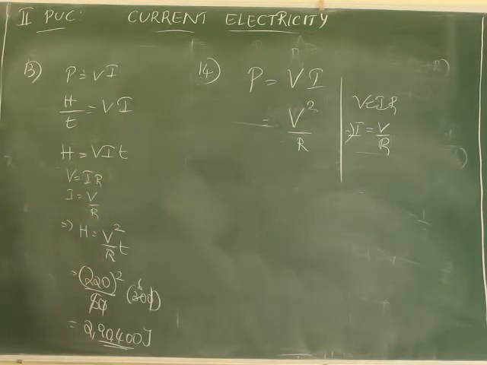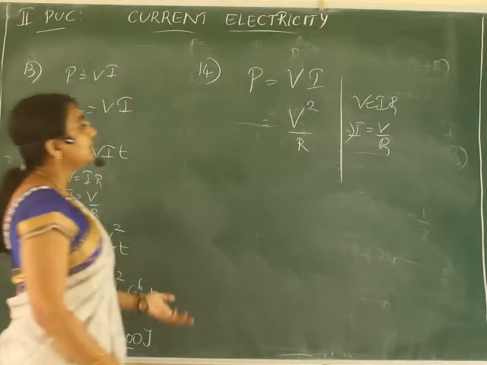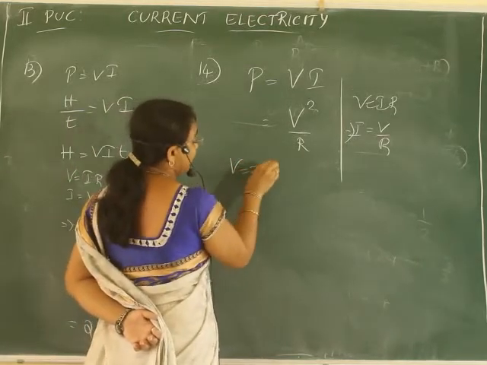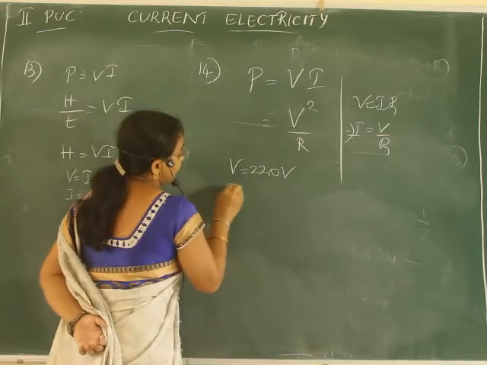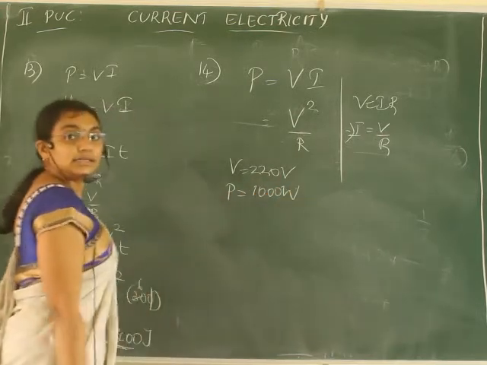Correct? Okay. Then how to calculate? 220 divided by, we don't know R, but power is given. V is 220 volt. Power is 1000 watt. Correct?